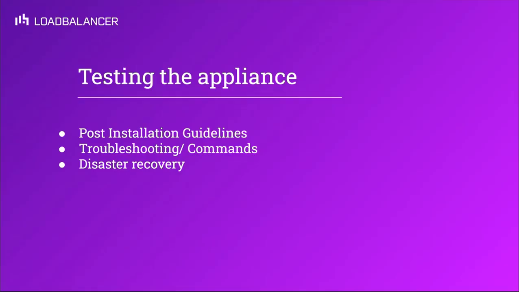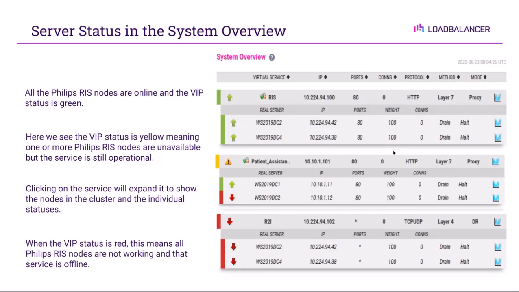So let's go now to testing of the appliance. We'll give you some guidelines and tips on how to carry out some troubleshooting should you have any issues with your services. As you can see, this is the system overview.